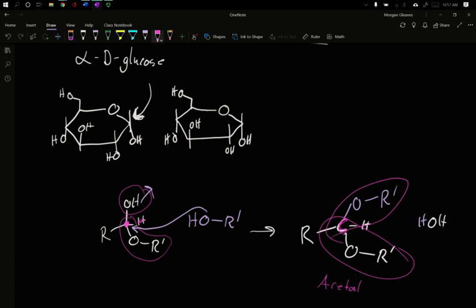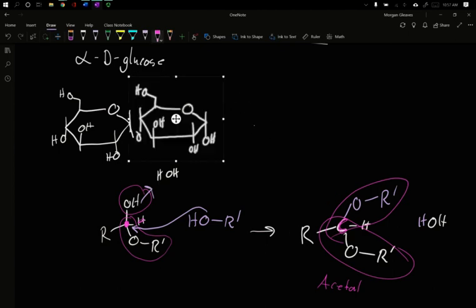Well, I have a hemiacetal sitting at the anomeric carbon, and I have nearby alcohol groups on other sugars. They can interact. What will actually happen is that this alcohol will attack the hemiacetal and push out that OH. The result of this is, well, the OH leaves, the other hydrogen leaves, and the two sugars become linked through that oxygen.